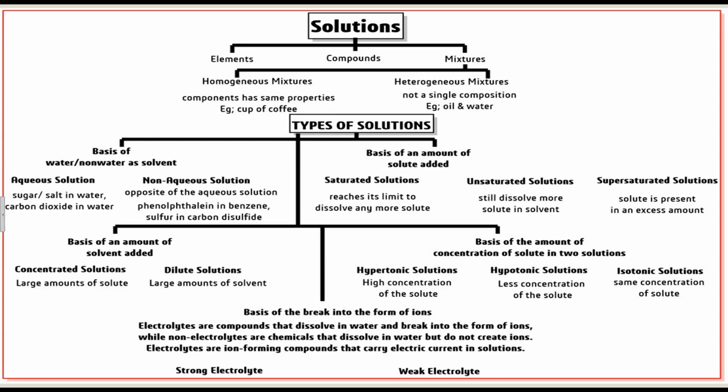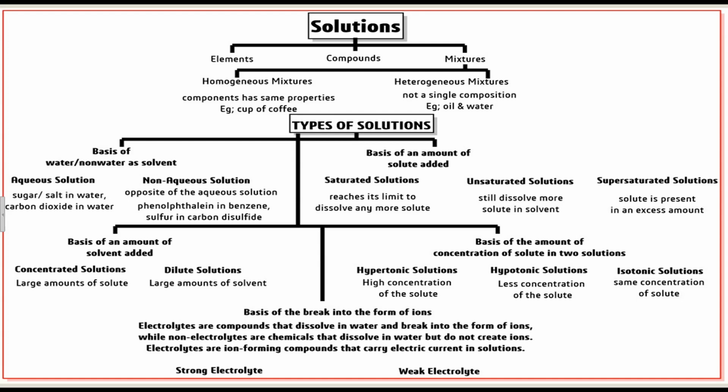Basis of the amount of solute added, we can classify the solution into three types: saturated solution, unsaturated solution, and supersaturated solution. Saturated solution means it has reached its limit to dissolve any more solute. Unsaturated solution means it can still dissolve more solute in the solvent. Supersaturated solution means the solute is present in excess amount.